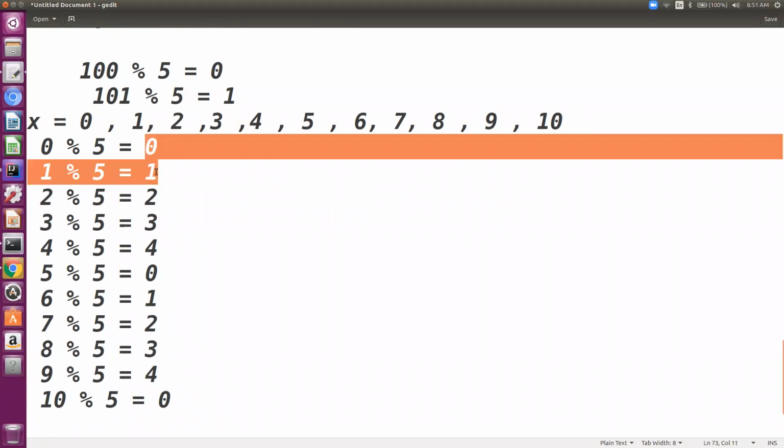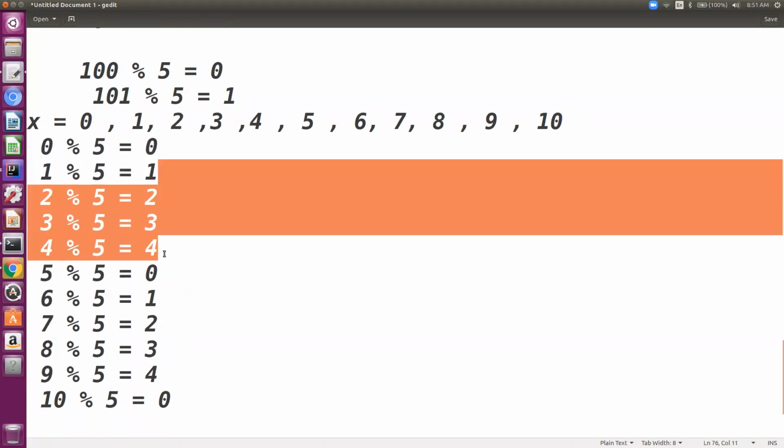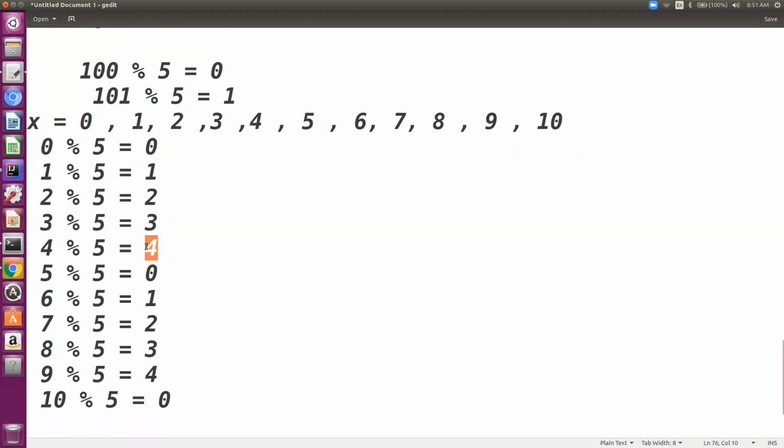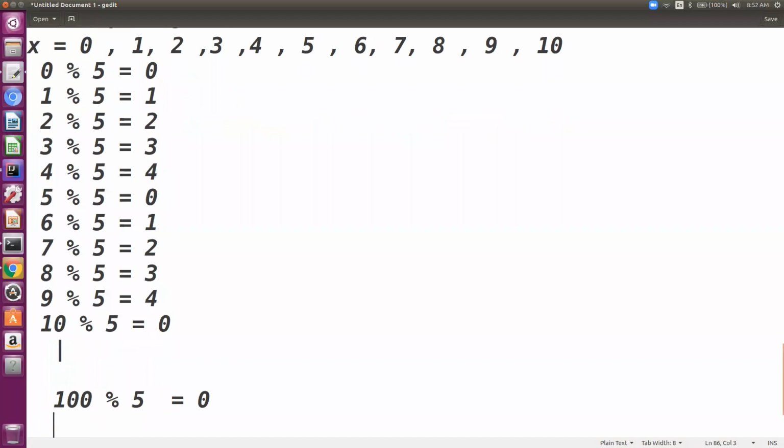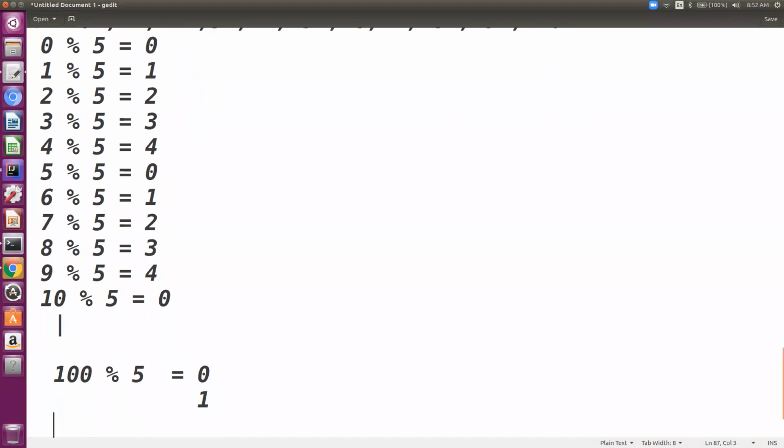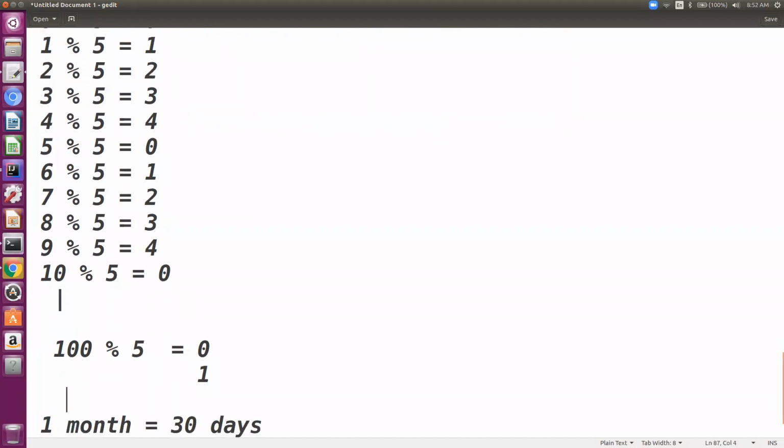So you see, your cycle is repeating 0 1 2 3 4, and it will never exceed this divisor at any point. Even if you come to say 100 percentage 5, the answer is 0, right? And it will go 0 to 1 till 104, till 4.